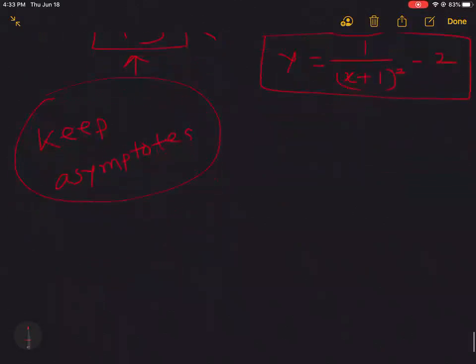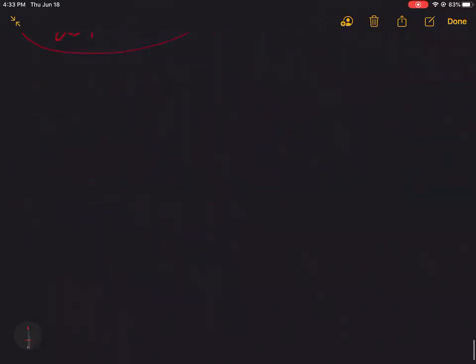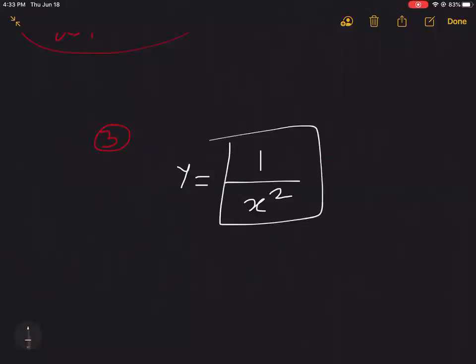Okay, so let me do this way. So let's try example 3. Y equals 1 over x squared. So first of all, it's really important to know how this looks, but for now, let's assume that you don't know that, okay? I'll draw that for you.